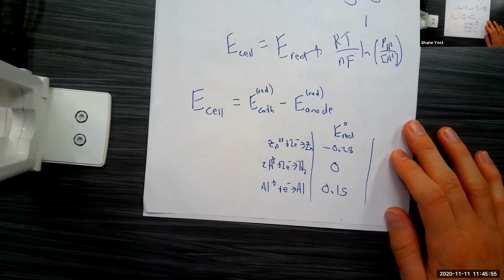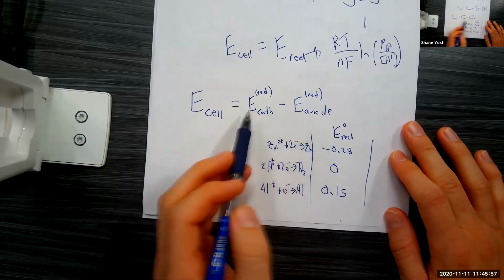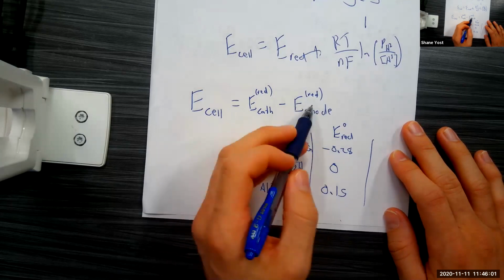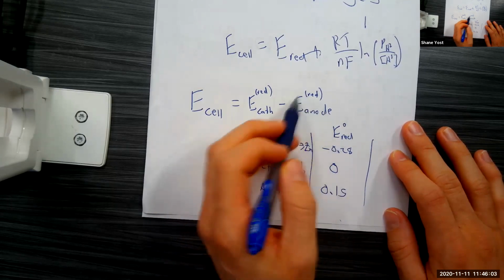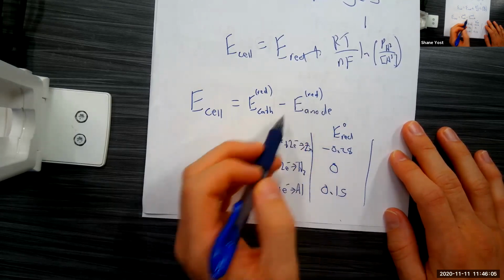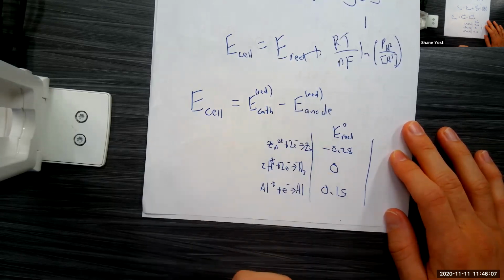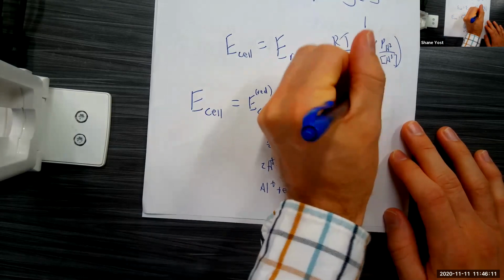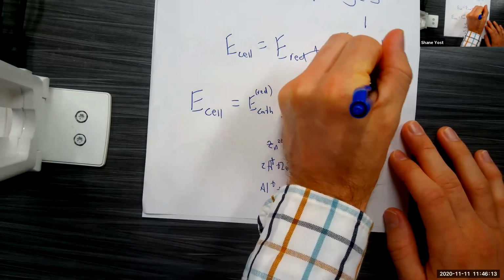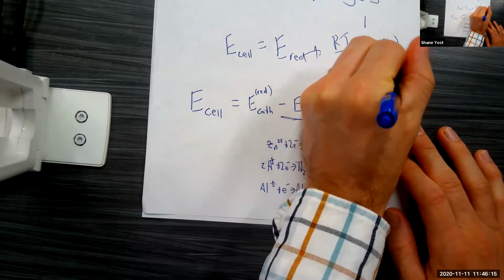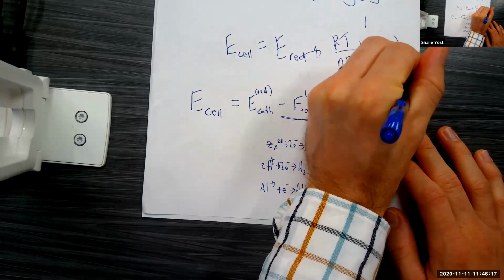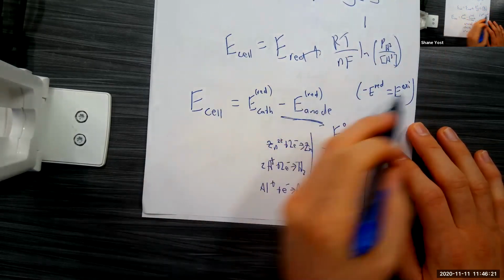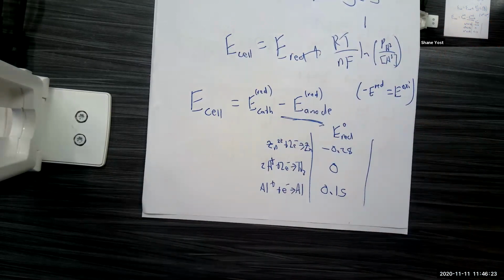This formula just uses the fact that at the anode you have the oxidation reaction, and the oxidation potential is just the negative of the reduction potential. That's why there's a minus anode here: the negative of the reduction potential is equal to the oxidation potential, and at the anode you have the oxidation reaction occurring.